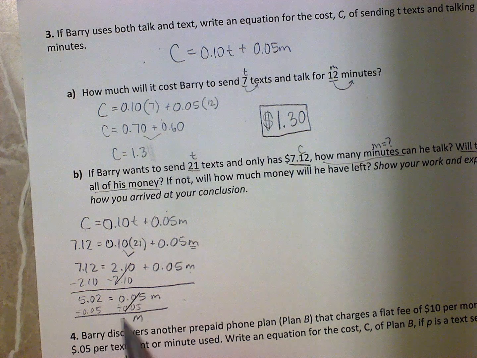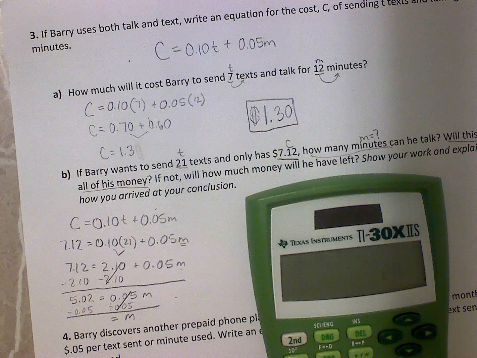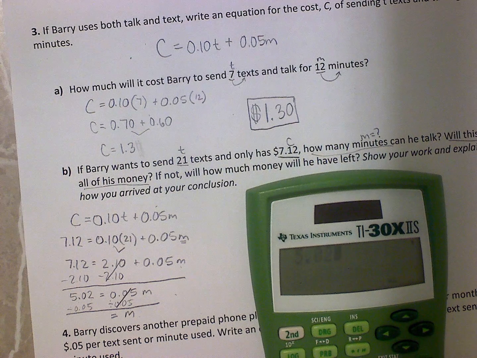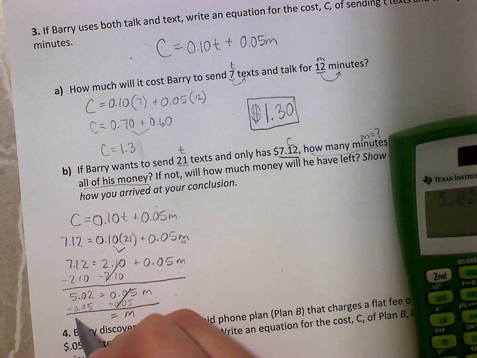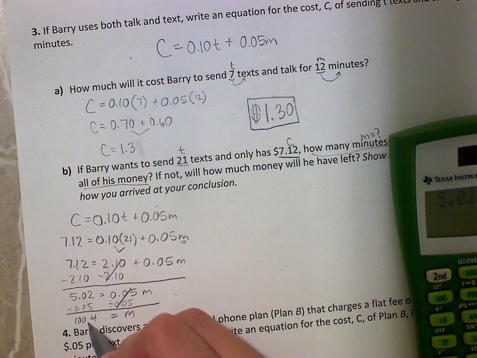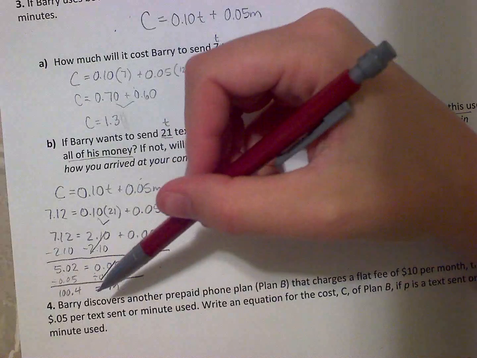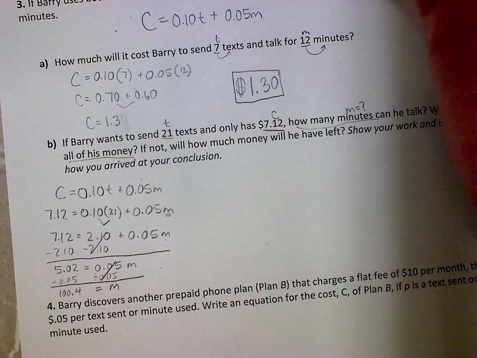So I get m equals, and here I am going to use my calculator. So I have 5.02 divided by 0.05, and it's 100.4. So basically what this is saying is I can talk 100.4 minutes, but that's not how cell phone companies charge minutes.